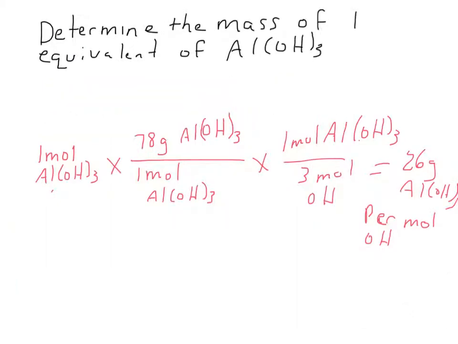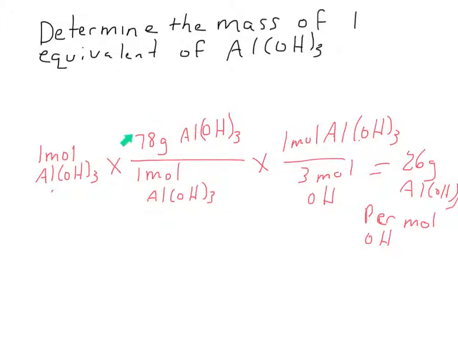Let's look at one final example using a dimensional analysis approach. The question says, determine the mass of one equivalent of Al(OH)3. So we have 1 mole of Al(OH)3. We know that 1 mole of Al(OH)3 weighs 78 grams from the periodic table.